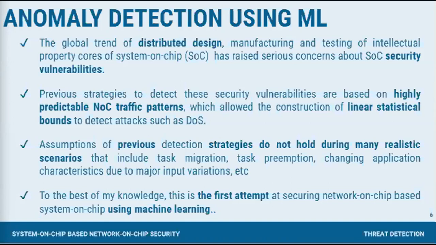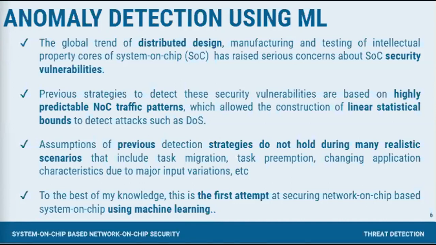And as I mentioned, the statistical bounds and the other methodologies that were used rely on highly predictable network on chip traffic patterns, because if we are to construct a linear statistical bound, we have to know the type of test cases that will be there. There can be plenty of variations within the setup if we have vastly different test cases, because the upper bounds might be vastly different from each other.